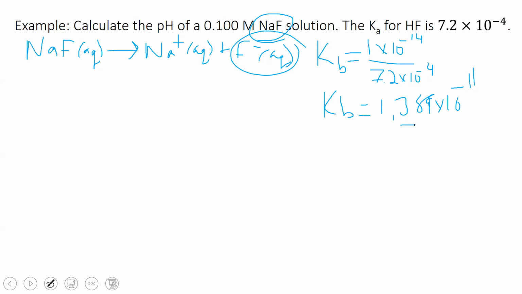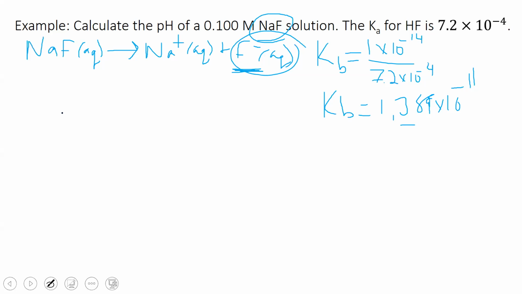So we have a setup for putting this together in an ice box. We can now calculate based on the Kb and the concentration of fluoride. We know the concentration of fluoride because our sodium fluoride dissociates completely.